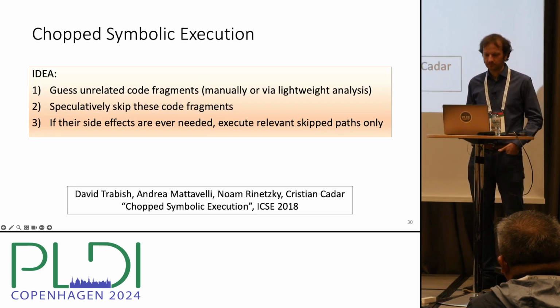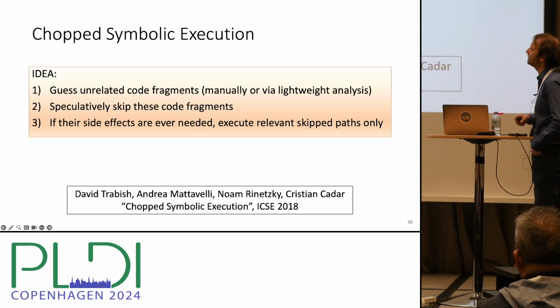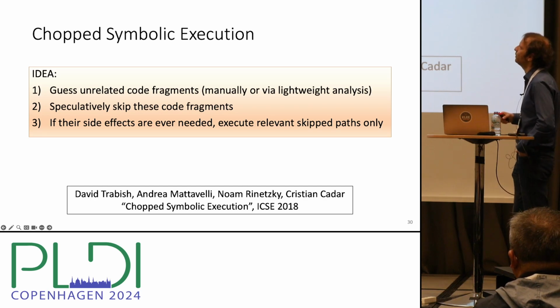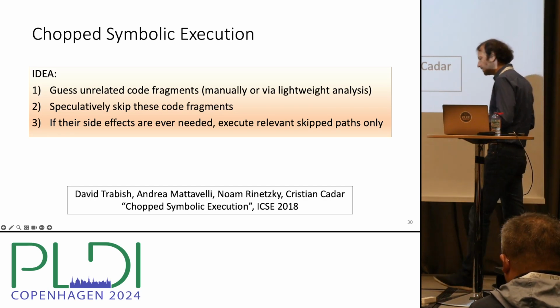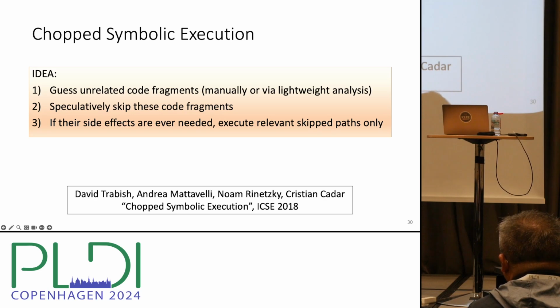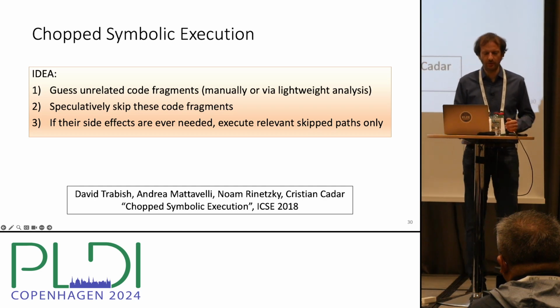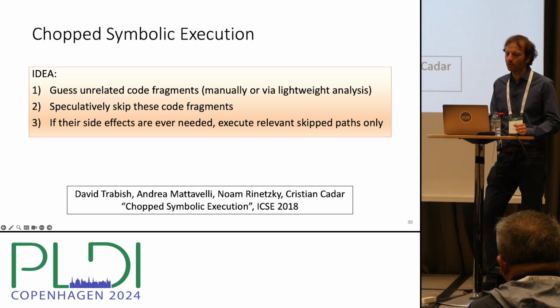So our idea, which we call chopped symbolic execution, is as follows. Instead of trying to make this determination statically or ahead of time, which is very hard, we're just going to have a guess. Maybe this is by some lightweight analysis, maybe even manual, when you have developer involvement.